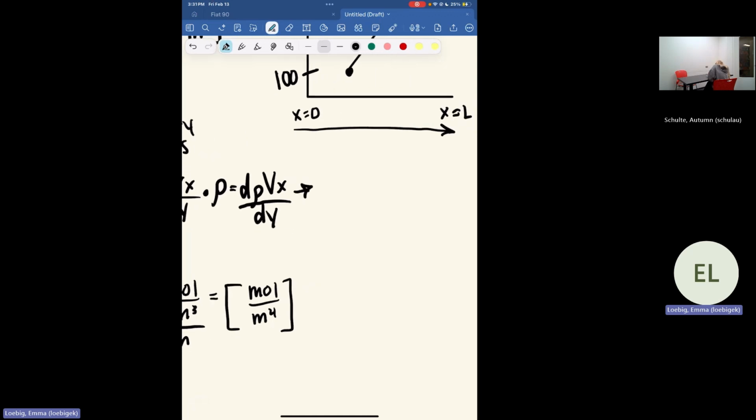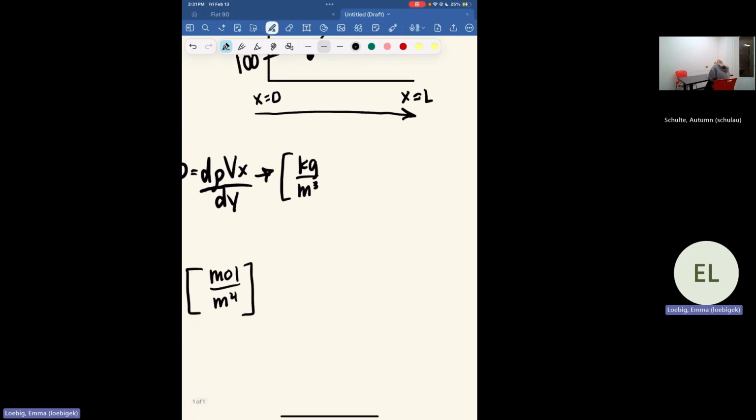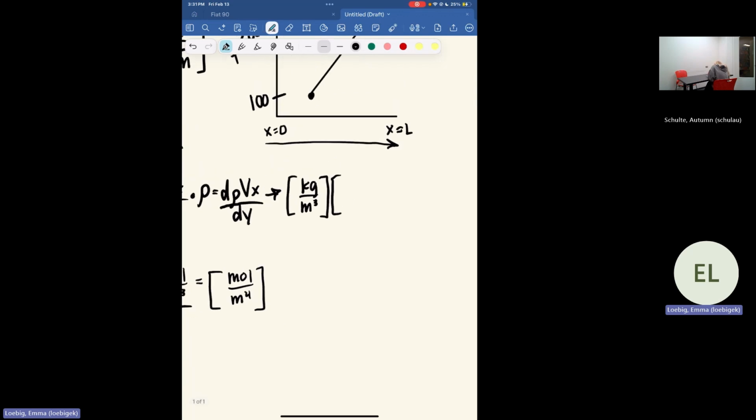Thinking about units here, density has units of kilogram per meter cubed, and velocity has units of meters per second.